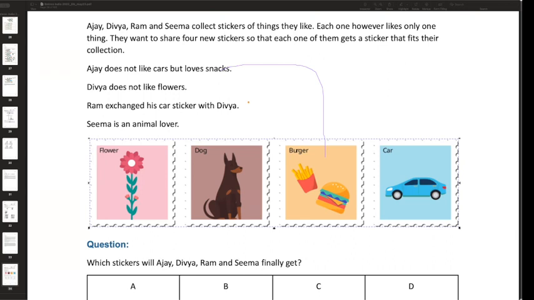Seema is an animal lover, so we'll just give her the dog. Sorry, I made a mistake. Just give me a second. Okay, so Ram exchanged his car sticker with Divya, so that means Divya gets the car sticker. And Seema is an animal lover, so she must be having the dog sticker. And that means that Ram is left with the flower.